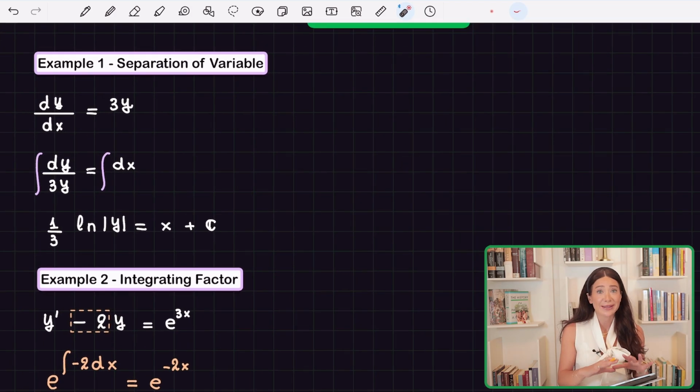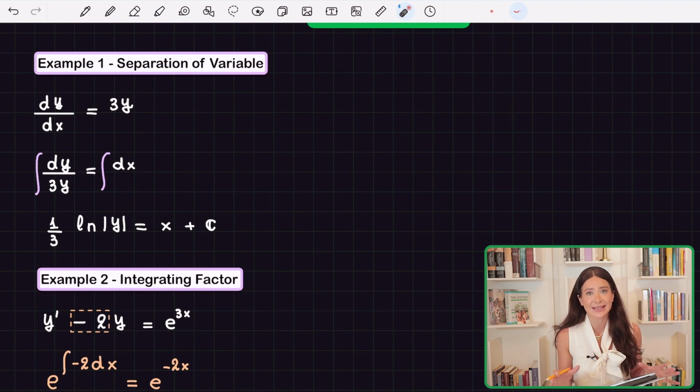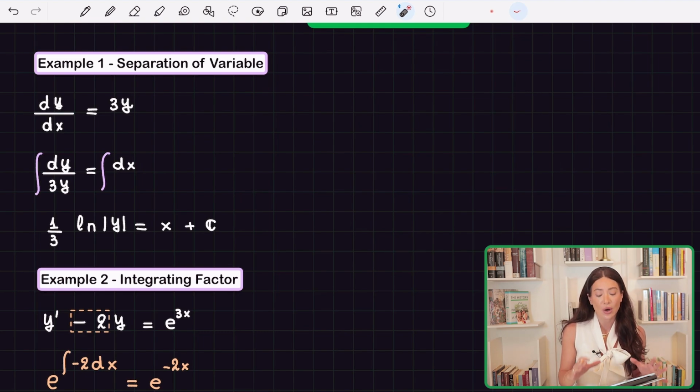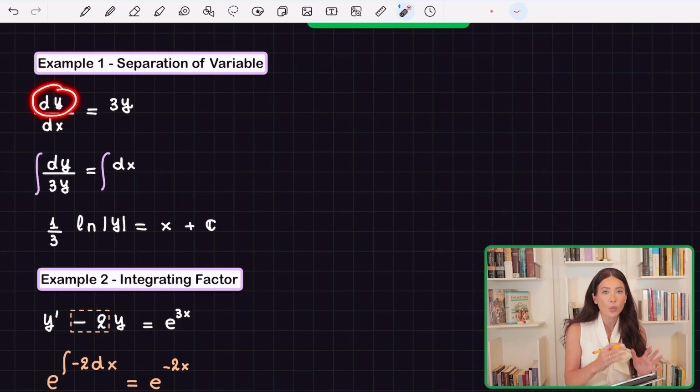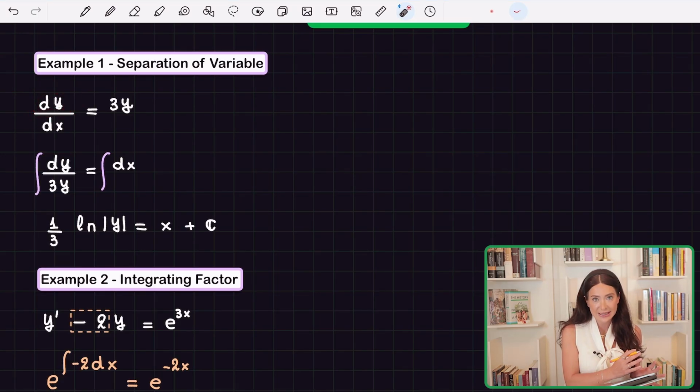So the first and the best technique, because it's the easiest technique, is separation of variables. And it is what it says it will be. You're mechanically separating variables. It's very similar to having your food not touch on your plate. So your y variables are going to be on the one side of the equal sign and your x variables on the other side.